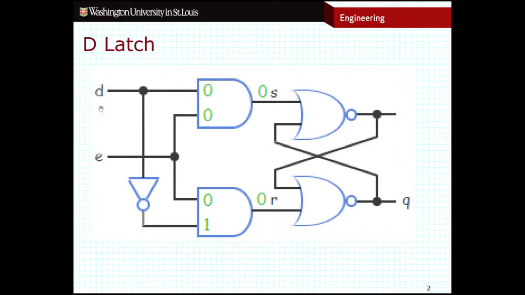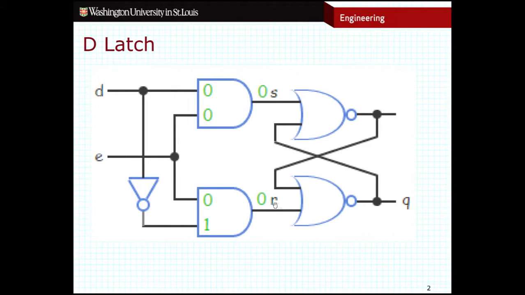A D latch has these two inputs over here, the D input, which stands for data, and then the E input, which stands for enable. Consider first what happens when the enable input is low, when enable is off. These two AND gates are going to be off. They have zeros coming in, so nothing's going to be able to come out.